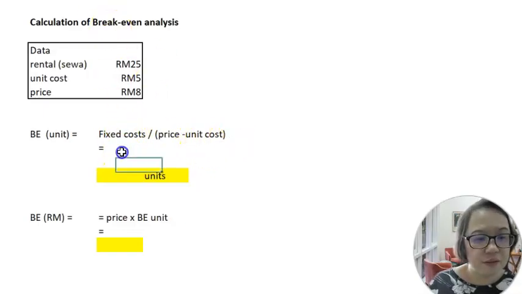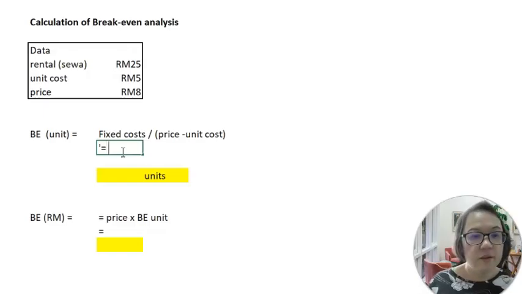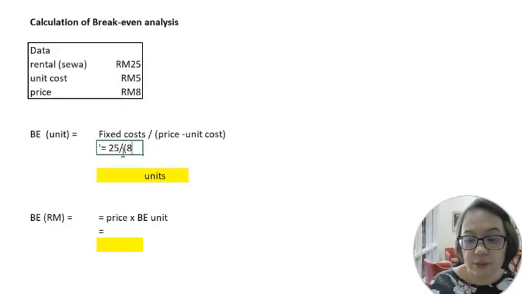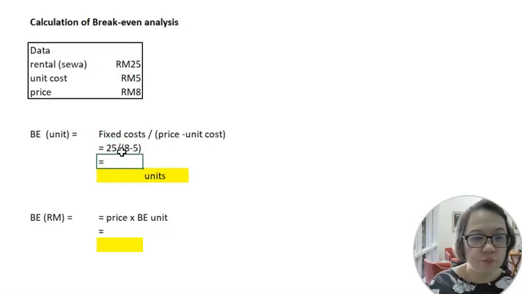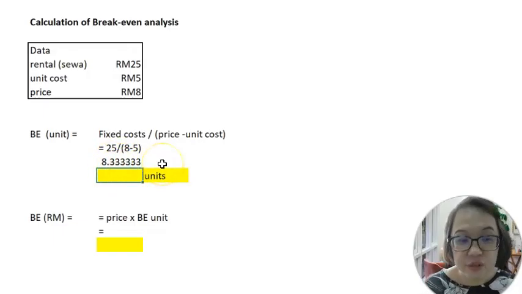Referring to this data, the fixed cost is 25, that is the rental, divided by price minus unit cost. So, I will use Excel to help me calculate here. It equals 8.33 units.